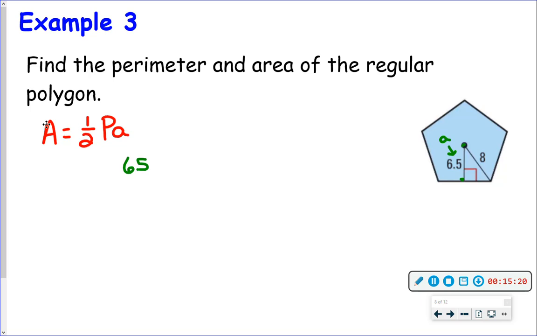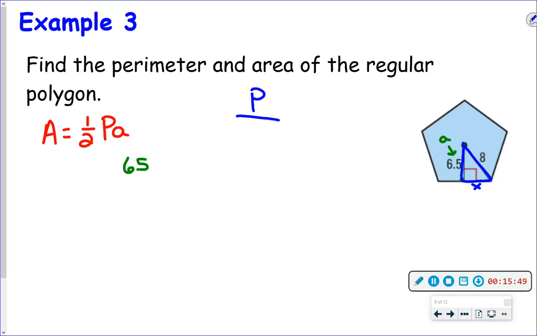The problem is we need the perimeter. So that's what I'm going to work on. Because here's the glitch. Yeah, I know the radius is 8. That's super duper exciting. I don't know any of the sides. I need the sides of the picture. Clearly, you have a right triangle. I want to know this missing side. When you know two sides of a right triangle, what exciting theorem can you use?